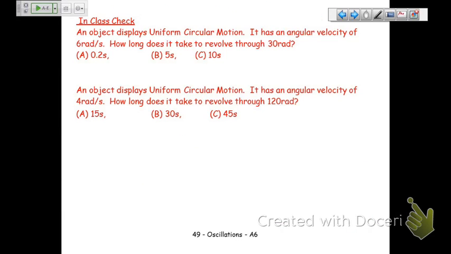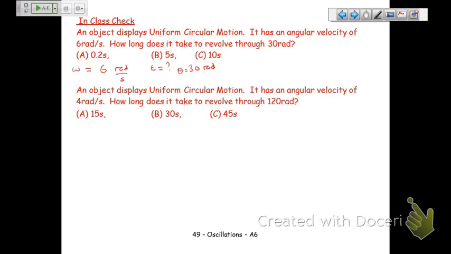An object displays uniform circular motion. It has an angular frequency of 6 radians per second. How long does it take it to revolve through 30 radians? So 6 radians per second, that is my omega. And I'm interested in the time to go through 30 radians, that would be a theta equal to 30 radians.